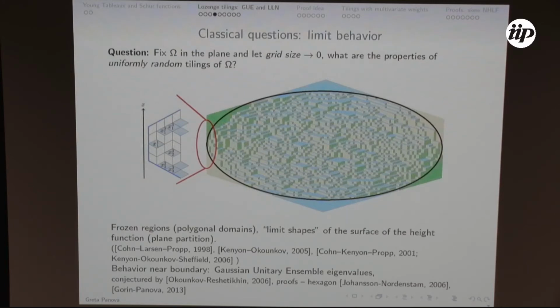If we take, let's say, a uniformly random Lozenge tiling of this region, how is it going to look in this domain? What's going to be the probability law for various observables and so on? This topic started developing in the 19th century, where people first observed that there is a frozen region.